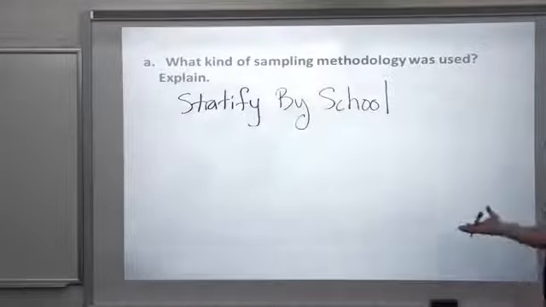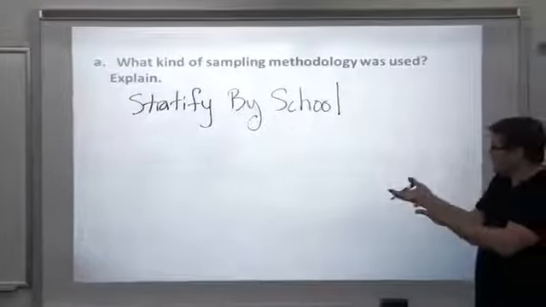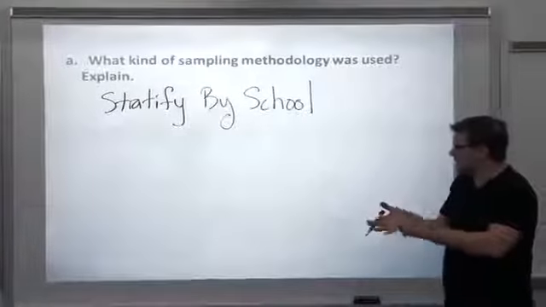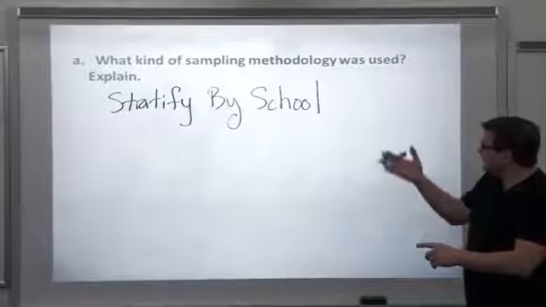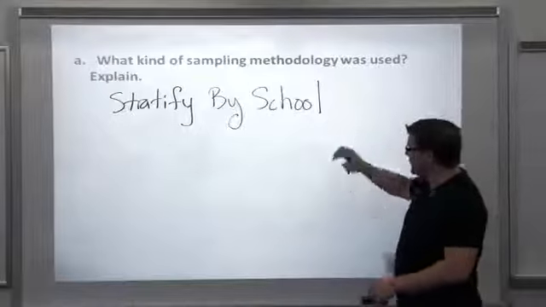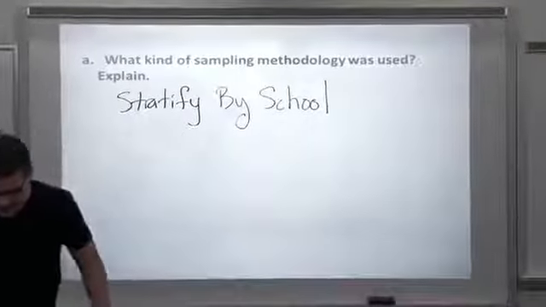We look at the schools as groups that might be different, so we take 50 students from Harvard, 50 students from Yale, 50 from UPenn, etc. So the sampling methodology that was used is stratified by school. Pick 50 randomly at each school.